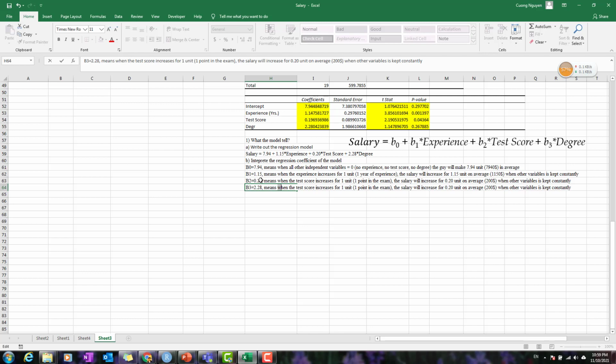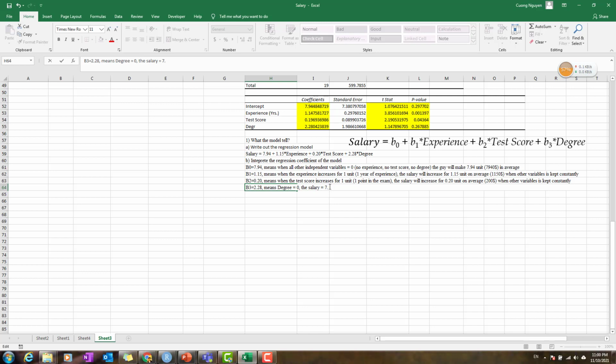When degree equals 0, the salary will be equal to what? 7.94 plus 4.